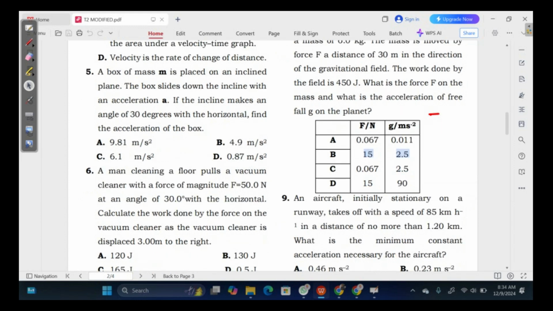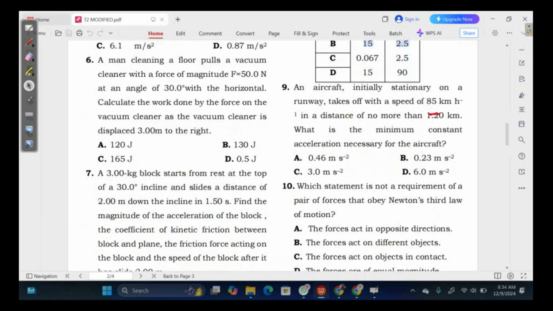We move to question 9. Question 9, for the test from yesterday, it was also there. So the question is, an aircraft initially stationary. Initially stationary, meaning that the initial speed is 0.